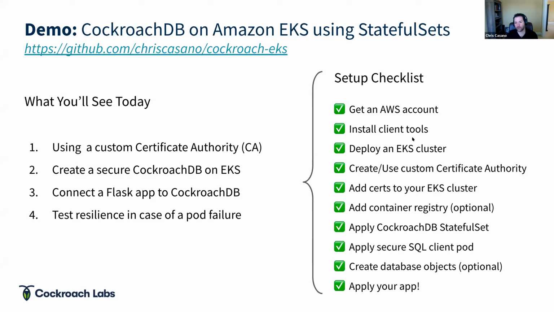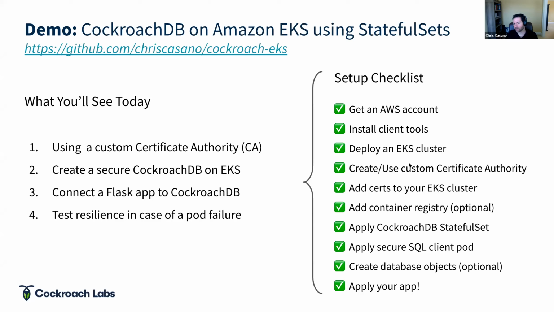The checklist, if you want to go about doing this at a high level, I'm not going to go through all these details, but make sure you have an Amazon account and install the client tools. You'll need things like eksctl. If you don't want to do the secure deployment, you can use Helm. There's a couple other things there that I have all listed in my GitHub repo.